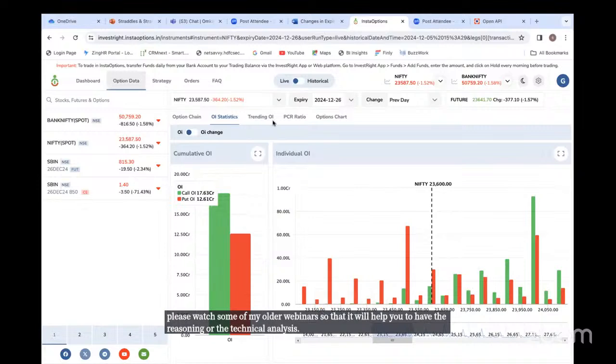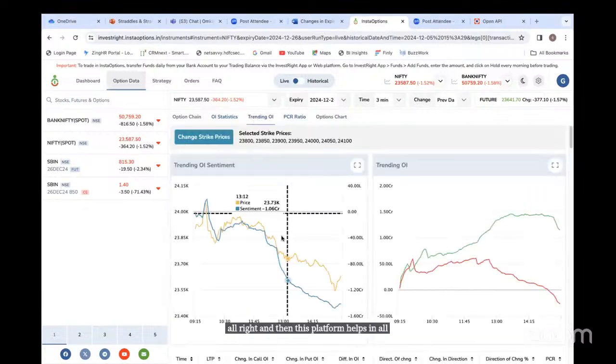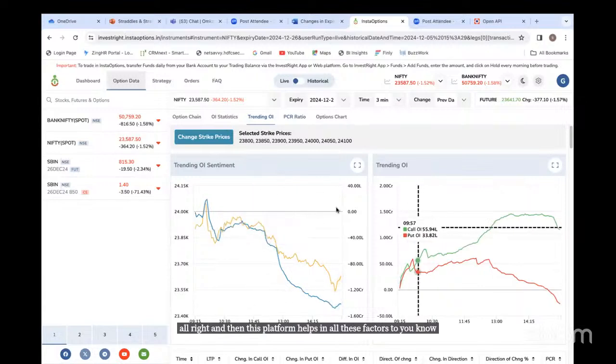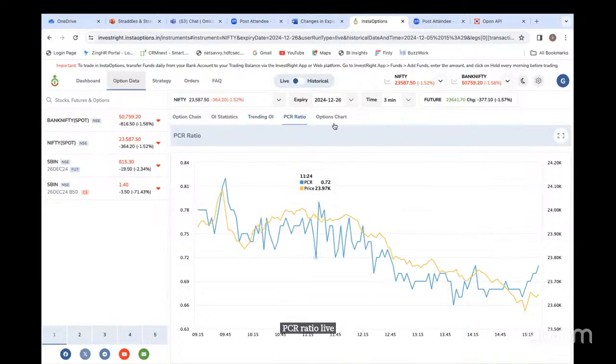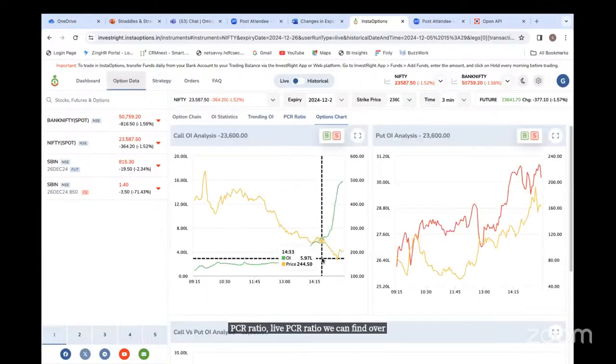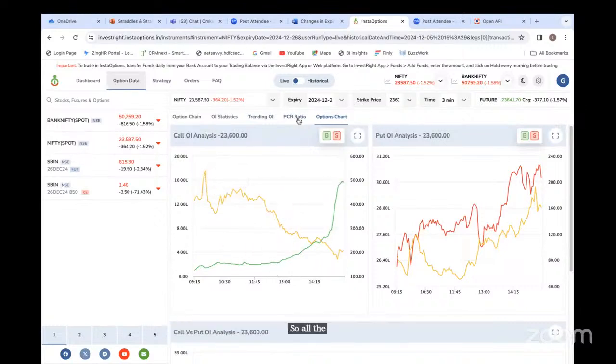All right, and then this platform helps in all these factors to give you the data points, right? PCR ratio, live PCR ratio we can find over here. Particular strike wise option chart we can find over here, like that. Okay, so all the analysis tools we are getting, execution tools we are getting, because basket and all we have over here.